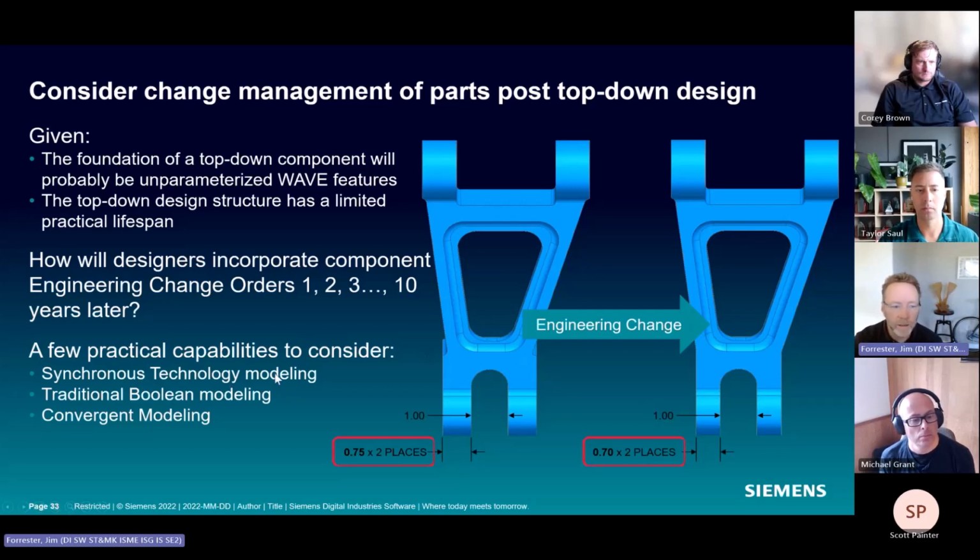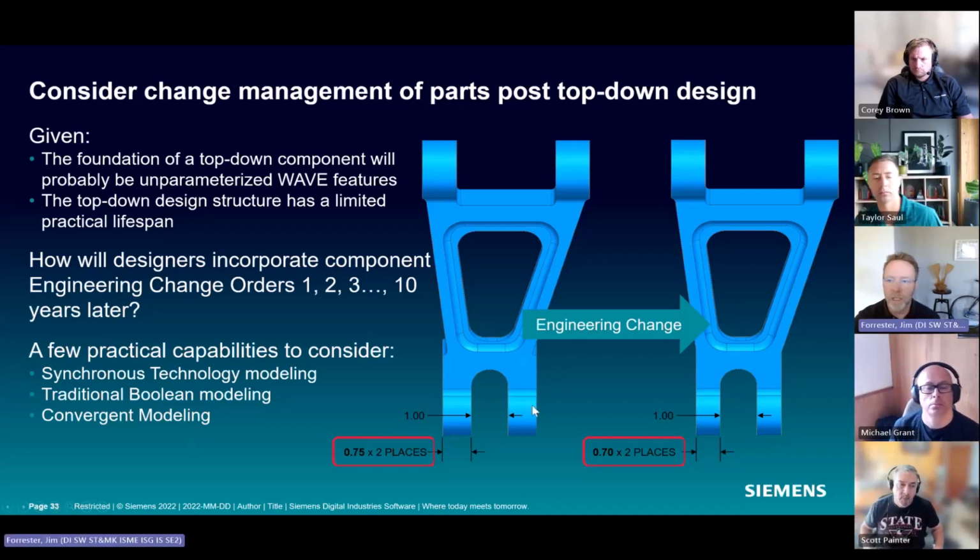Synchronous technology is a very good way to do this. Here's an example of moving some faces, traditional Boolean, and then convergent. So there are robust methods to update the part, even though you might not own that primary geometry.